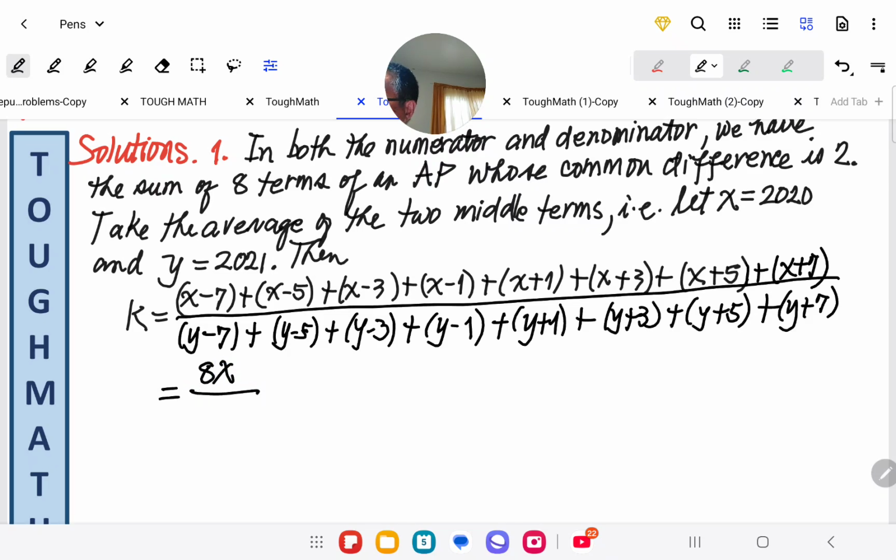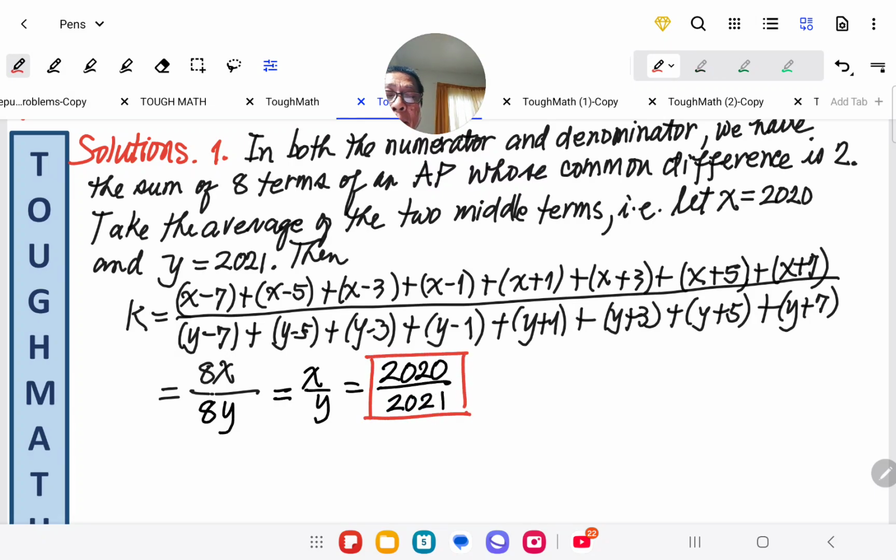And similarly, in the denominator, you will also have 8y. And so you have x over y, which is 2020 over 2021. Okay. So that's the answer for the first.